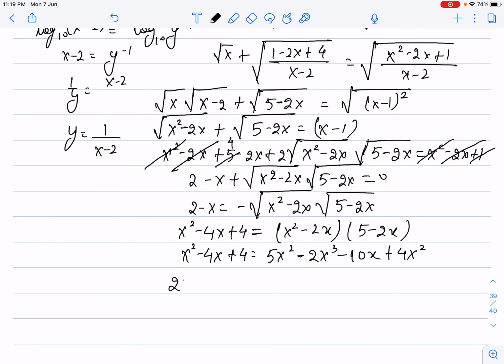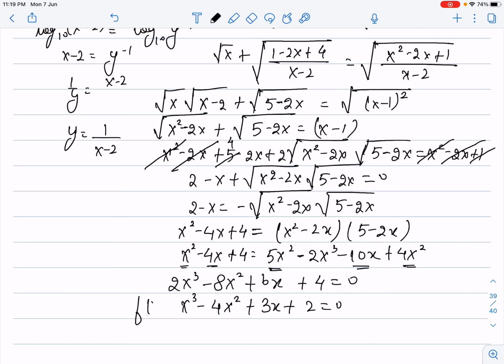We get 2x cube, then 4x square plus 5x square, 9x square, minus 9x square plus x square minus 8x square... then minus 10x plus 10x minus 4x, so plus 6x, plus 4 is equal to 0. Now let's divide it by 2. So x cube minus 4x square plus 3x plus 2 is equal to 0.